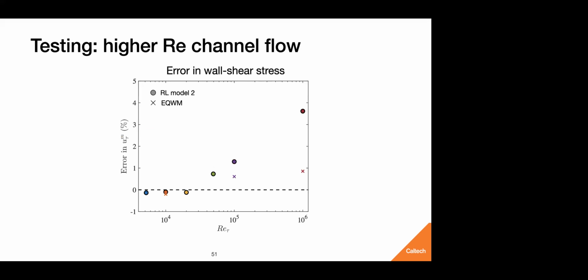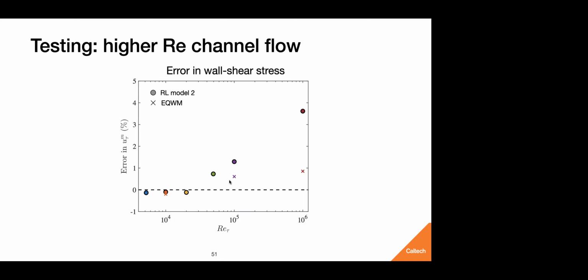Now if we remove the results from the first model, we see that for the second model the error also increases with Reynolds number. At 1 million, we have about 4% error, which is not that bad, but also not great. But considering that this was a very naive approach in terms of training, we're pretty happy with it.